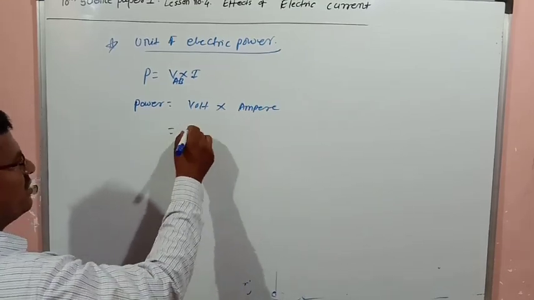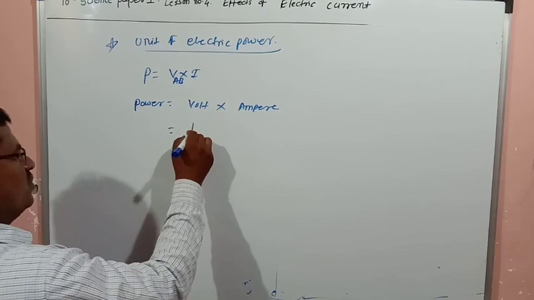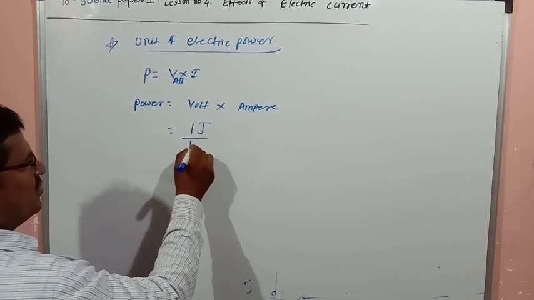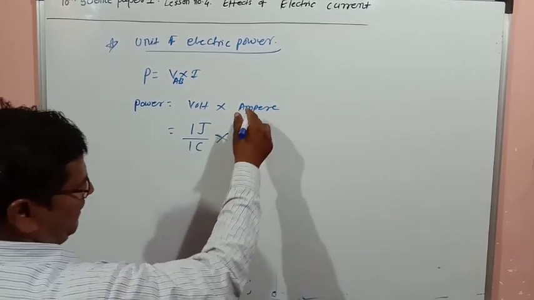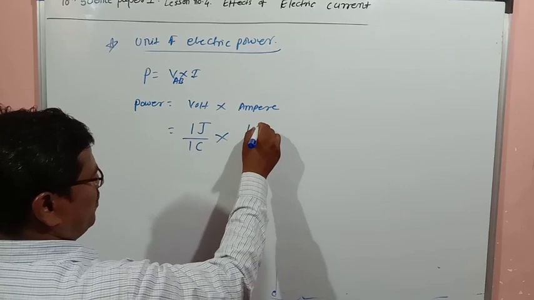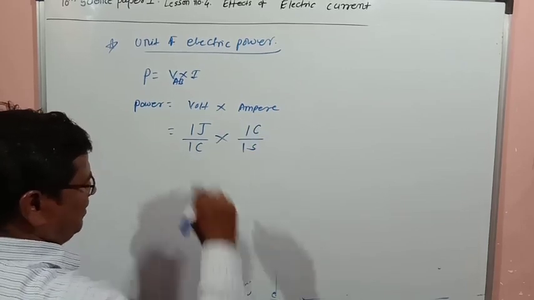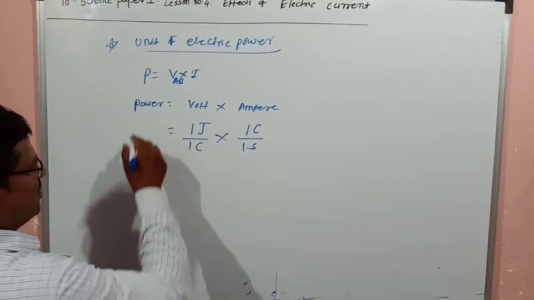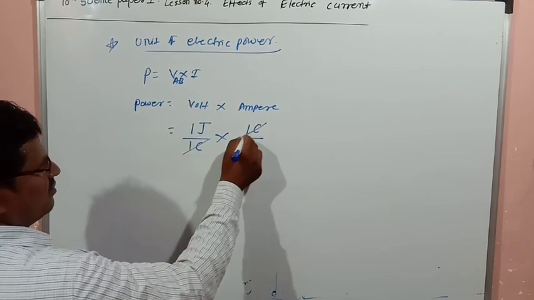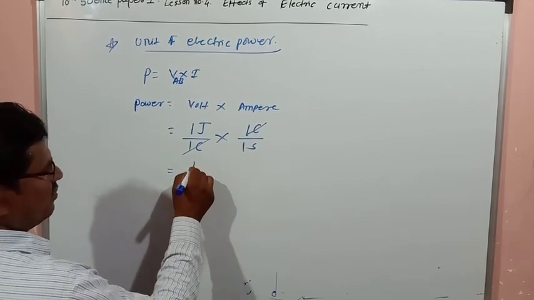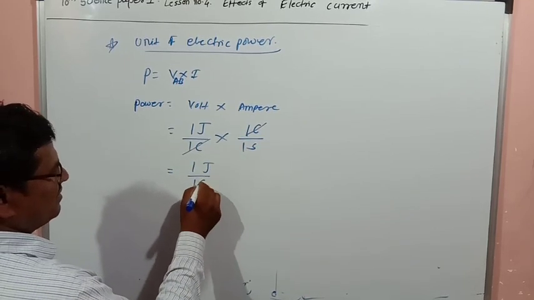Volt is 1 joule upon 1 coulomb, multiplied by ampere, 1 coulomb upon 1 second. So the coulomb will get cancelled and it will remain 1 joule upon 1 second.